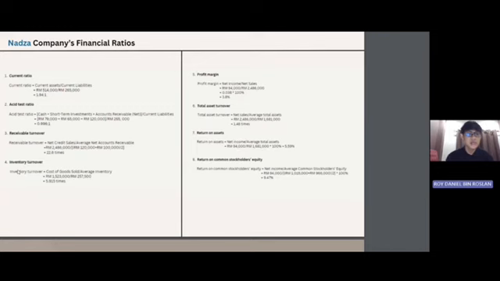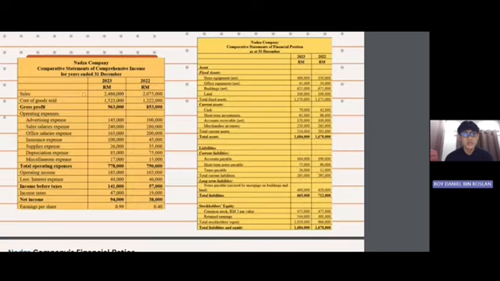Next is inventory turnover. The formula is COGS, cost of goods sold, divided by average inventory. COGS you can get from the comprehensive income statement, 1.523 million.